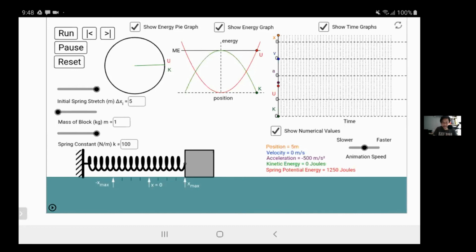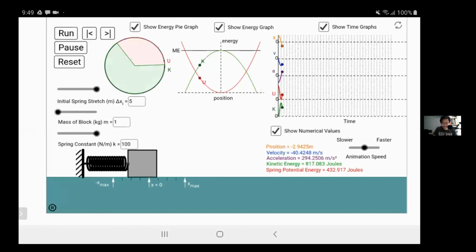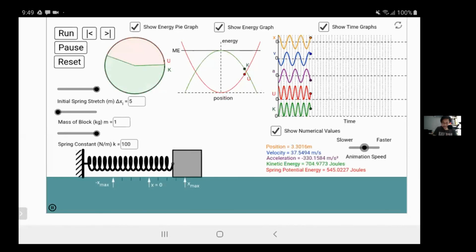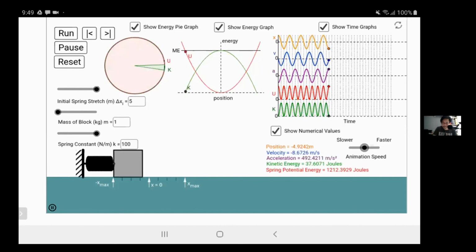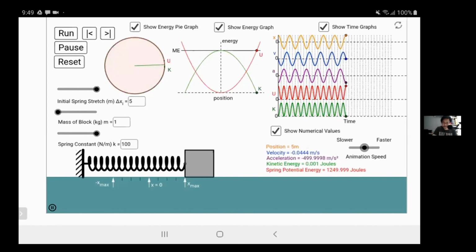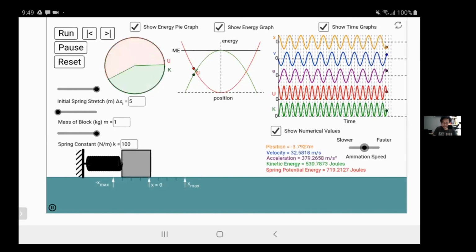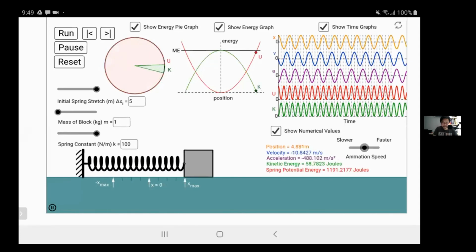So when I run the simulation, let me do it slowly so it looks a little bit smoother. Oh, let me pause it. Whoa, let's not go too fast. It seems like it doesn't want to take my response right now. Pause.